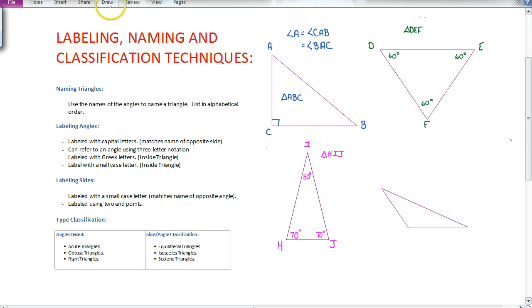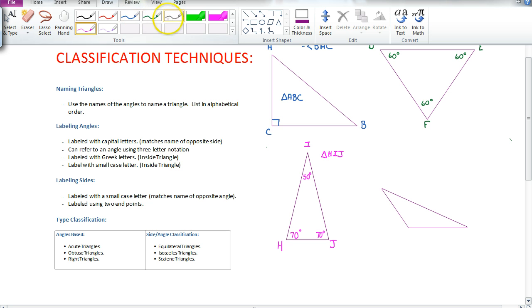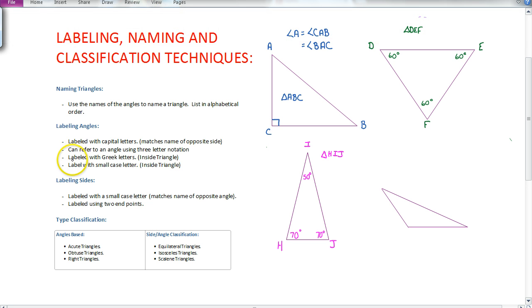So now let's come to this last triangle, and let's talk about the 2 other naming techniques we can use. Another way to name angles is to use either Greek letters or small case letters. When you use either of these naming techniques, it's important that you put the letter inside the triangle. So let's say I want to discuss this angle right here. I could put the Greek letter just inside the angle, and now I know that this is angle alpha.